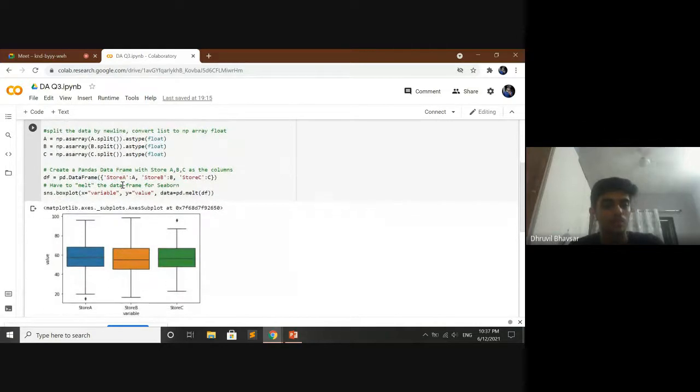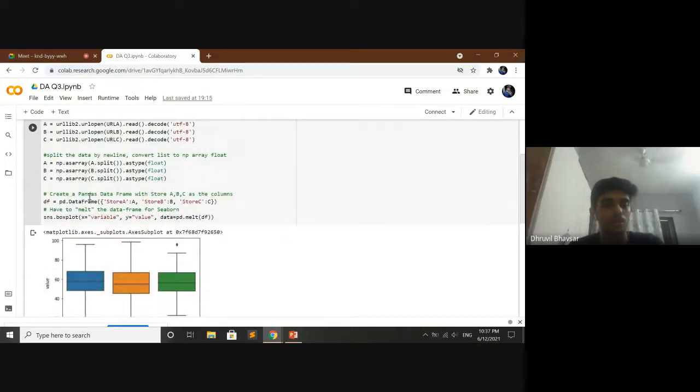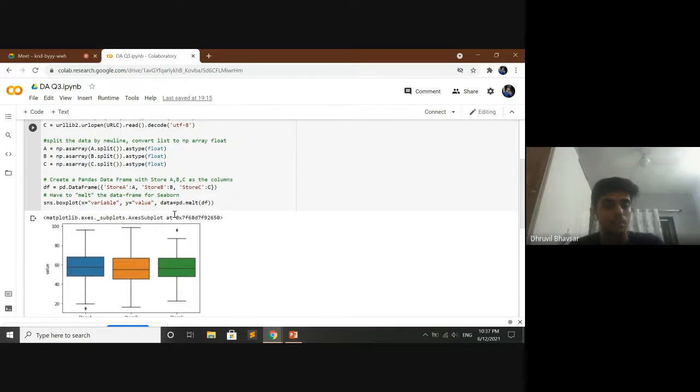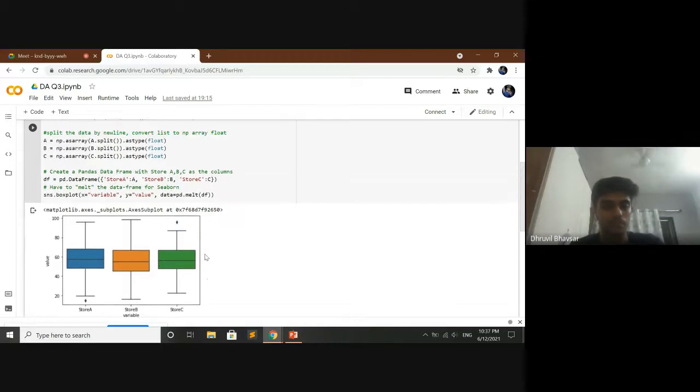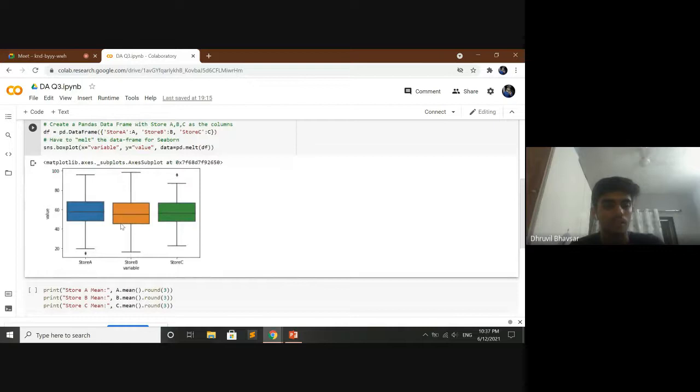When we execute, we create a Pandas data frame with store A, B and C as columns. When we execute the program, we can see the values on the y-axis and the respective store A, store B and store C as variables on the x-axis.